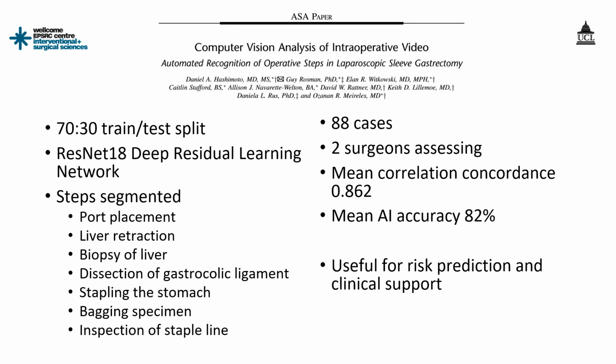And what we can see here is that the algorithm can detect the phase and the steps with great accuracy. So 80% in this kind of work is actually very good, and we're beginning to see algorithms now hitting up to the 90%. And this, again, we call this decision augmentation or clinical decision support.